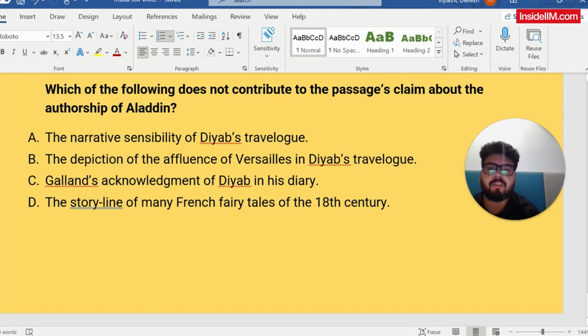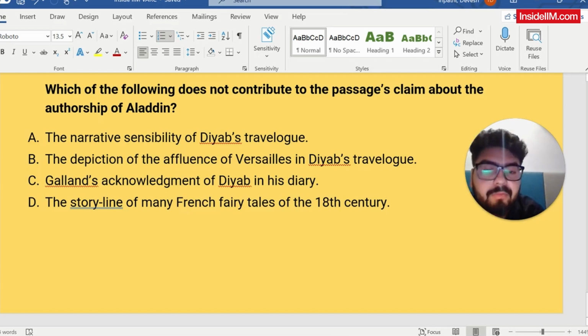The description of Versailles was almost along similar lines to that of a palace being described by our man Galland. So the depiction of affluence of Versailles in Diab's travelogue is indeed a right answer. So obviously it does contribute to the passage's claim.